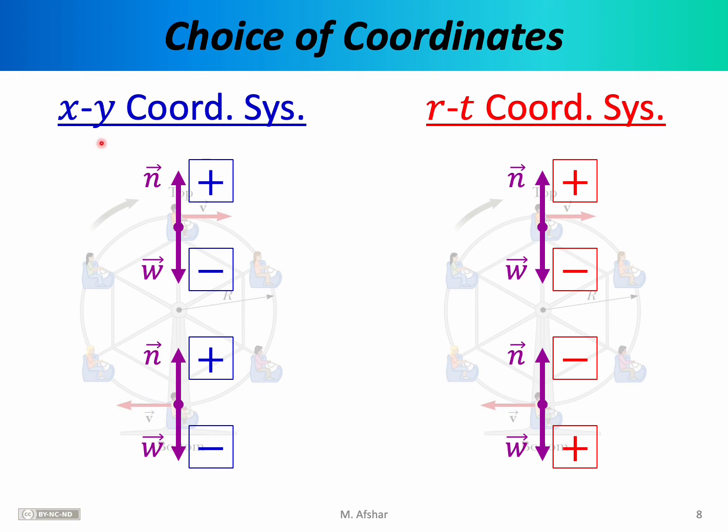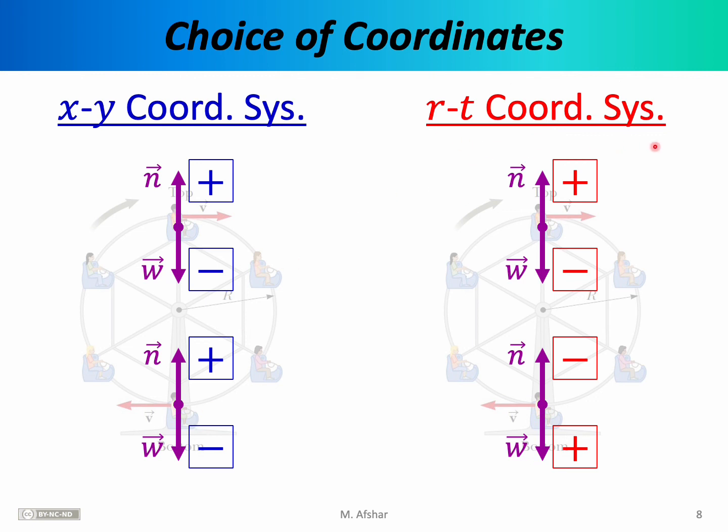If you're using a standard XY coordinate system, then all the forces are pointing in the Y direction. And at the very top, we would say that the normal force is positive Y and weight is pointing in the negative Y. And the same thing happens at the bottom of the Ferris wheel. Normal force is again positive and weight is again negative. So the XY coordinate system is pretty consistent. The positive Y direction is always the same direction, always pointing upwards.